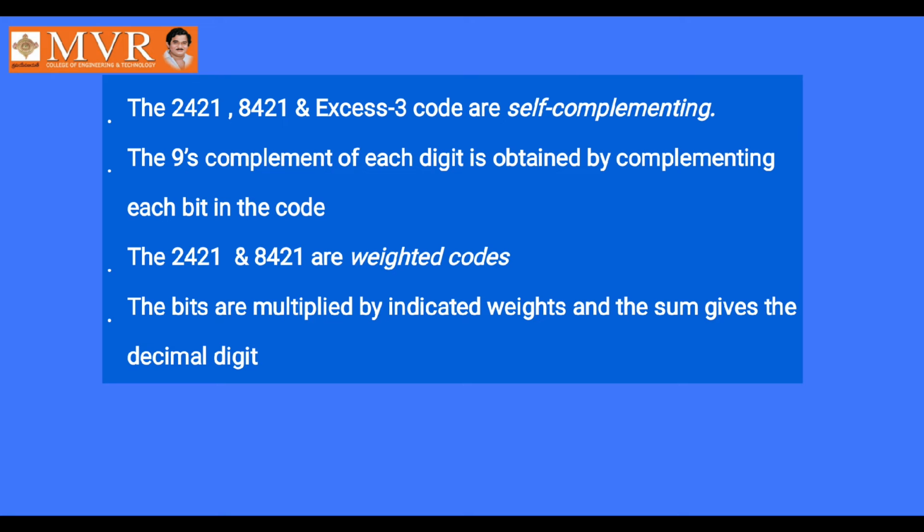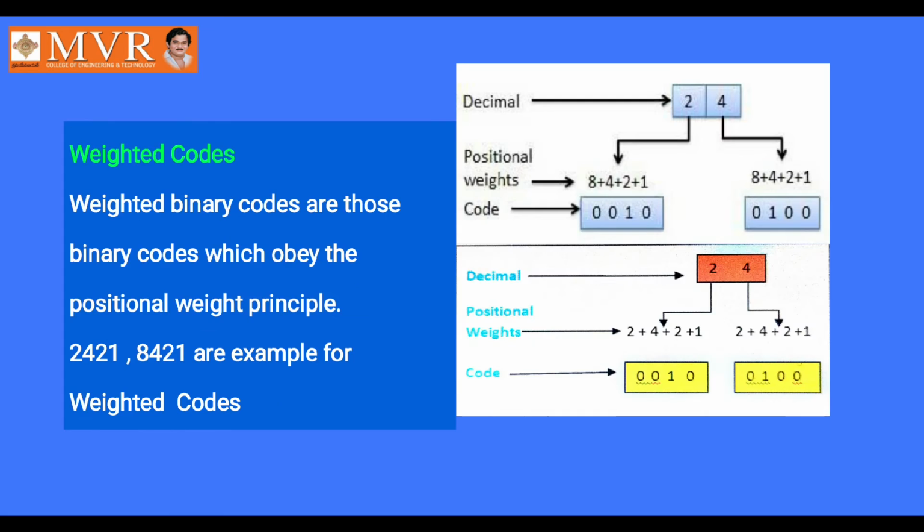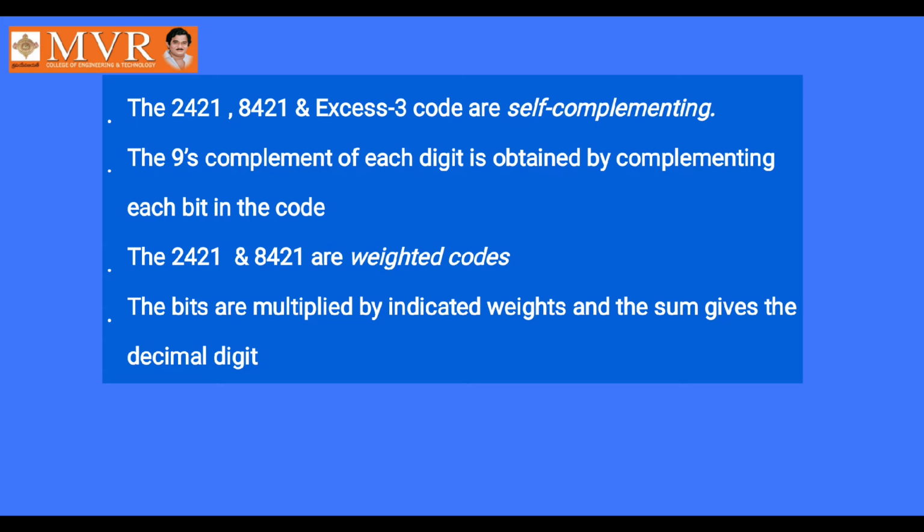In 2421 and 8421, the basic principle of converting any decimal number into binary is that the bits are multiplied by indicated weights and the sum gives the decimal digit. As we have discussed in this diagram, the bits are multiplied by indicated weights.